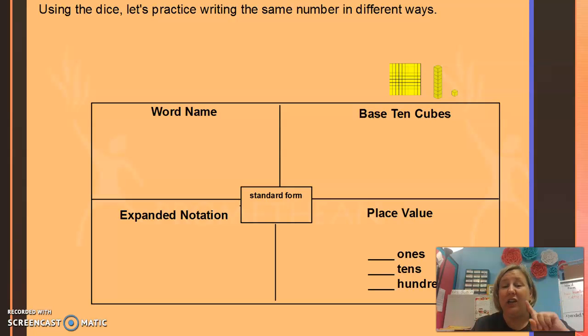You can get a notebook, and this can be your math notebook for the year, or just a piece of paper. And I want you to go ahead and divide your paper in half, and then from left to right in half again. And pause this video, and I'll be here right when you come back.